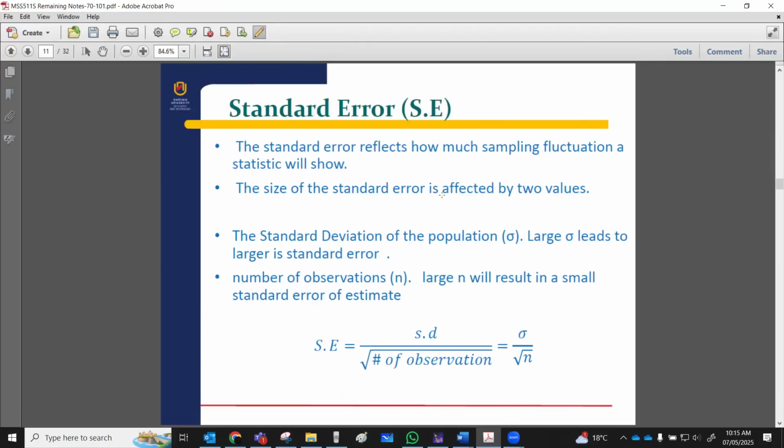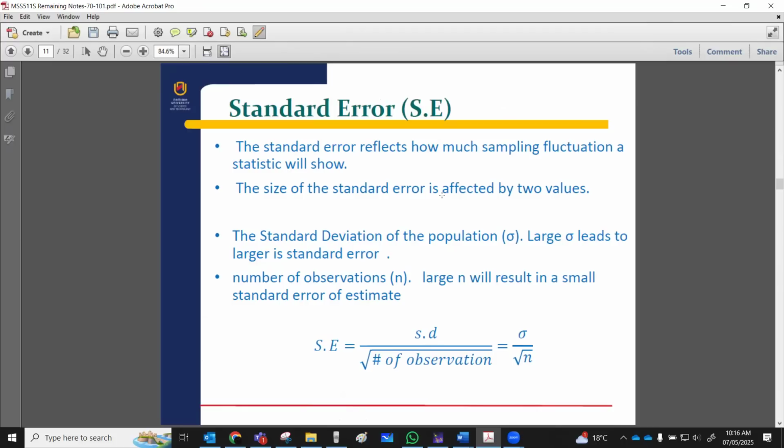Then we also have what we call the standard error. So the standard error reflects how much sampling fluctuation a statistic will show. And the size of the standard error is affected by two values. First one is the standard deviation.